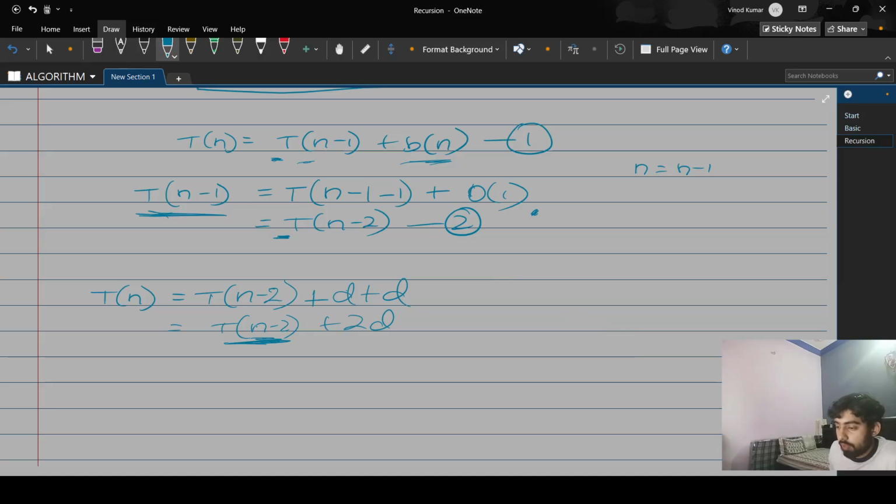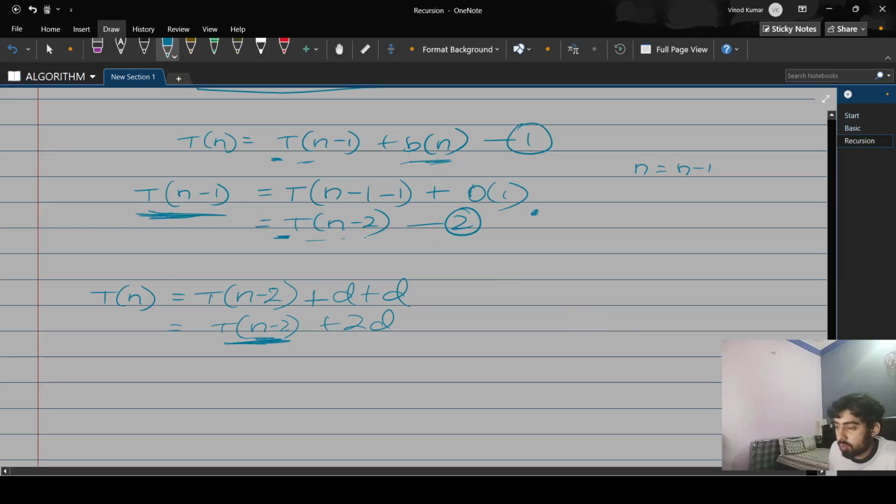So here, what we got for T of n minus 1 is T of n minus 2. And when we put this, we get this equation, which has d. So let me just sum it up for you. The one equation that we wrote first, it is T of n minus 1 plus d.